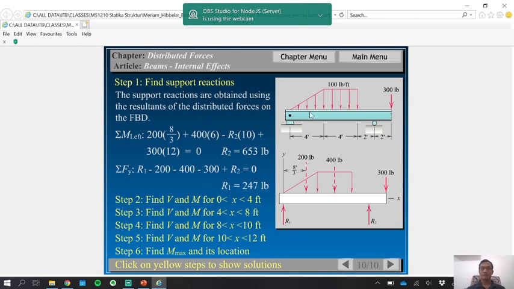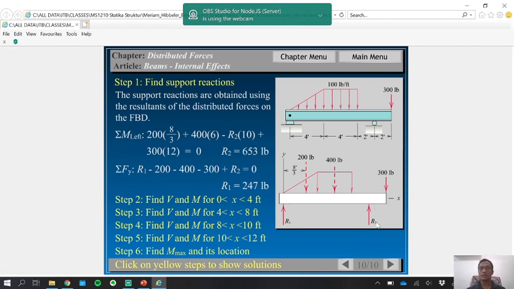After calculating all the supports, we can find that at the pin joint, the reaction force is 653 lbf, and at the other pin joint here, the reaction force is 257 lbf.